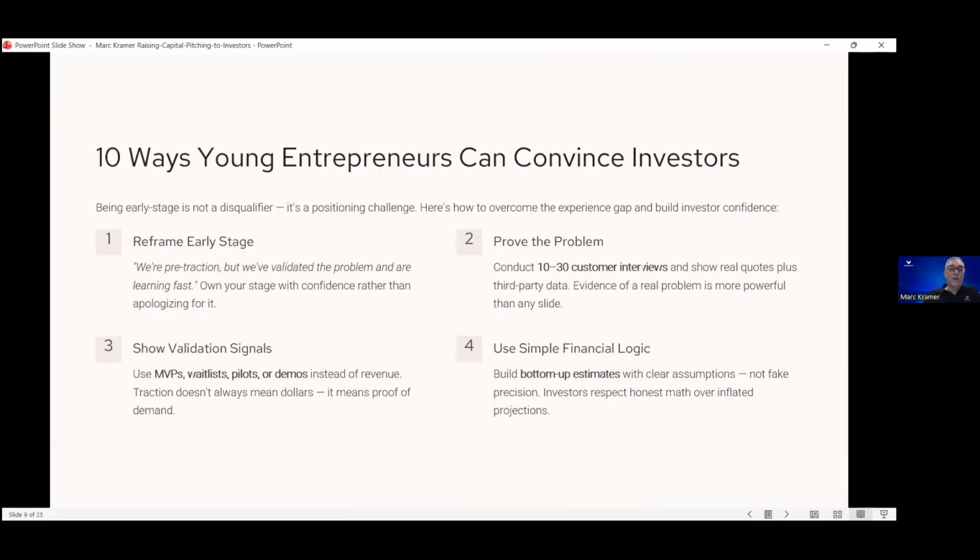So 10 ways young entrepreneurs can convince investors. And I see across the screen here that you're young, but not quite as young as people who are just out of college or maybe in their early 30s. A lot of you are very experienced professionals yourself. So you want to reframe what you're doing with your investor, what you're saying to your investor.